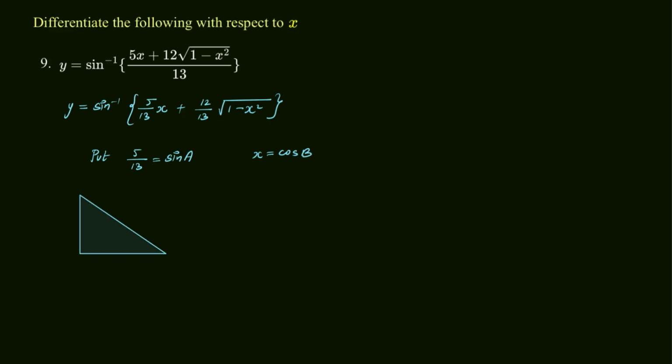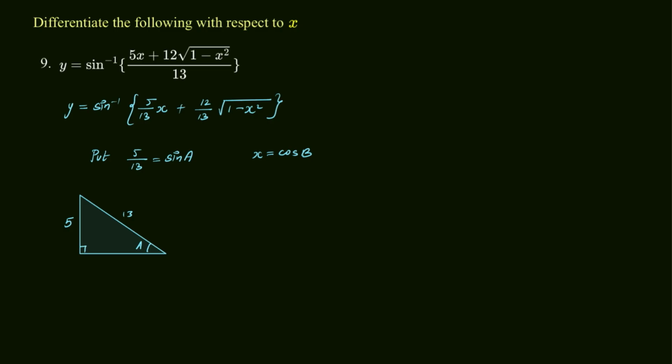Since here, as you can see, sine A equals 5 over 13. We know that sine of any angle equals perpendicular over hypotenuse. That means my perpendicular is 5 here and my hypotenuse is 13, if I consider this angle as A, and here's my 90 degree.